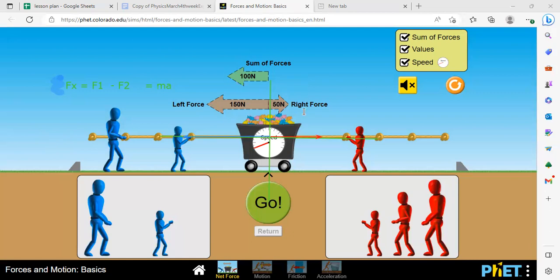So, yun yung meron kang mass nung whole system times acceleration. Okay? So, hindi naman given yung mass nito, pero ang point is, makakalculate mo yung acceleration. So, if we divide the F1 minus F2 divided by mass, we can get the acceleration. Okay?